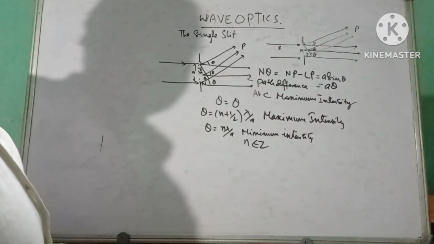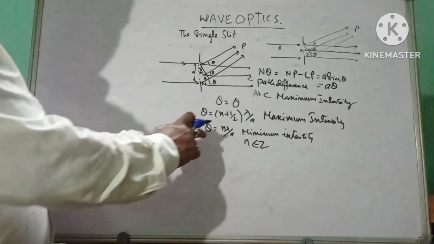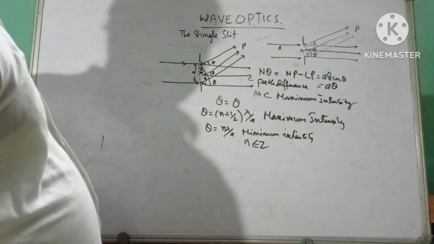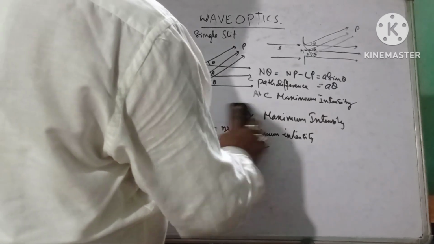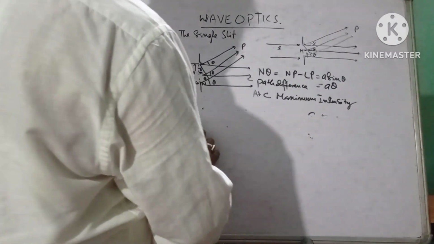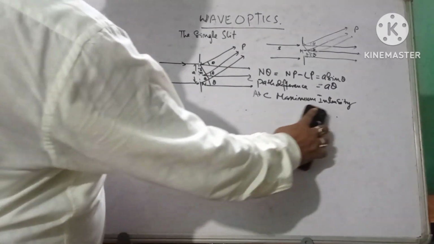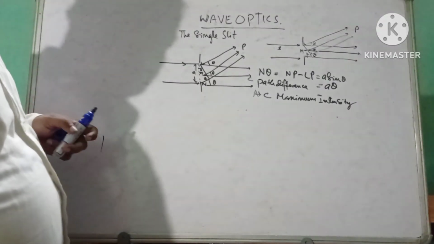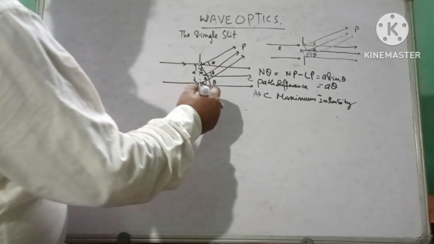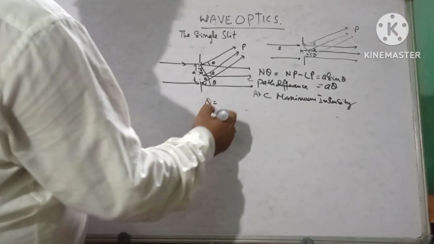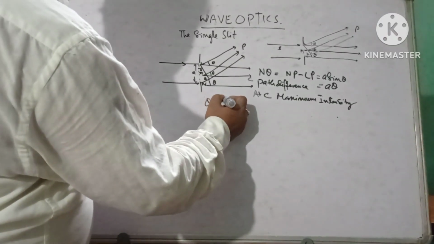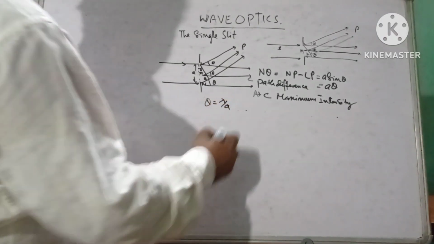Now, the first case they have taken is for minimum intensity. Here they have taken n equal to 1, that is theta equal to lambda by a.